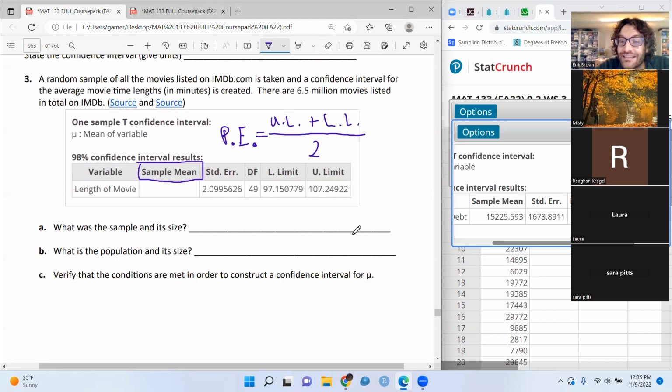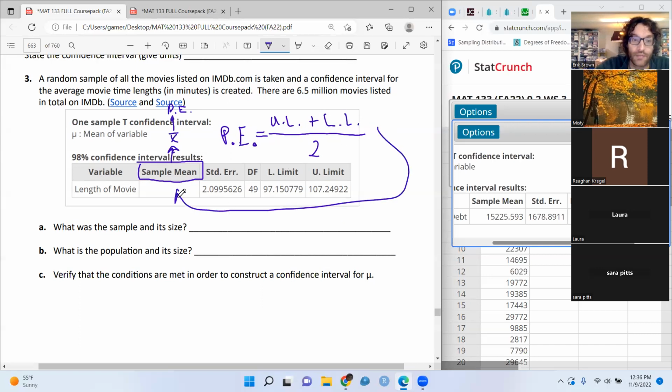Yes. And remember, statistics come from samples. Oh, sample. It's okay, don't be upset. So sample mean is an X bar, which is a point estimate for a population mean. So this is how you're going to find the sample mean.